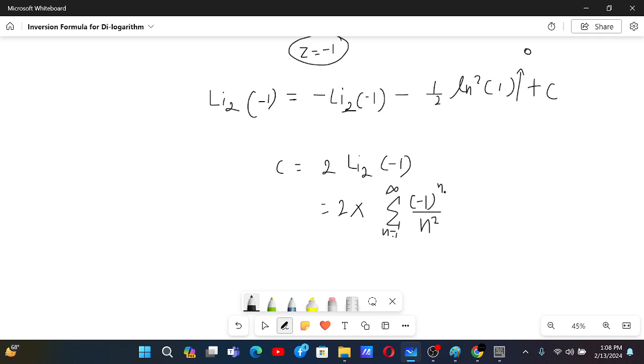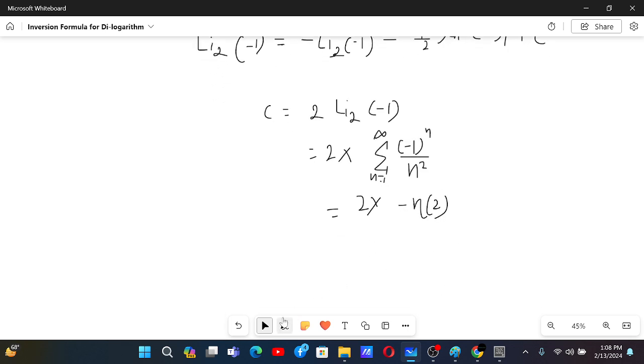Now if here was n plus 1, this would have just been eta of 2, but since we just have n, this is minus eta of 2. Now we know that eta of 2 is just pi square by 12, so this is 2 times minus pi square by 12, so that's minus pi square by 6.